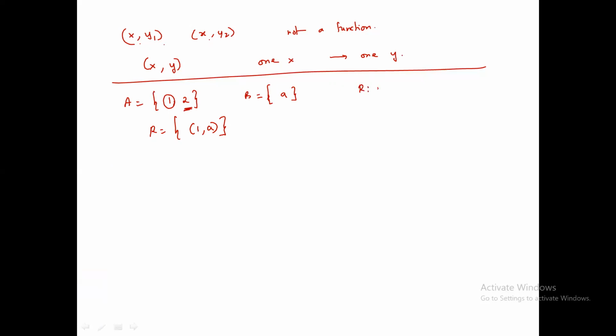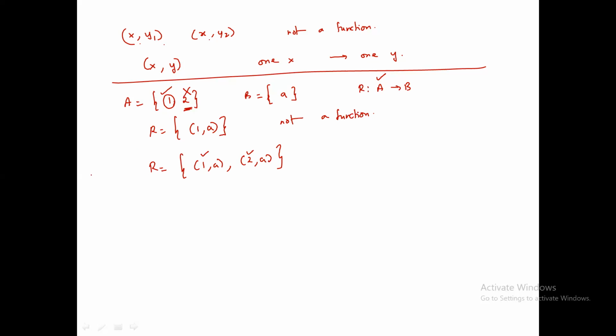R is a relation from A to B. In the set A, I have taken 1, but I have left 2. I did not take 2. That's why it is not a function. Suppose I take (1, a) and (2, a), from the set A I have taken 1 and 2.